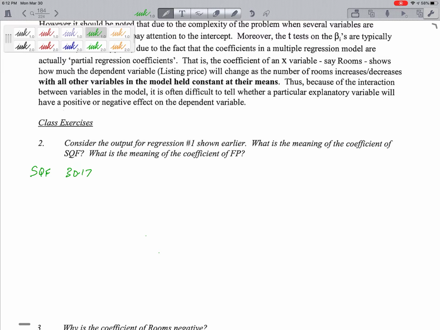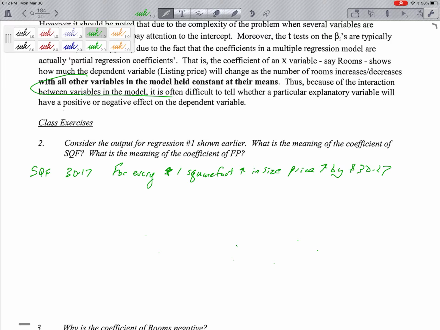So we're saying that for every one square foot increase in size, price increases by $30.17.